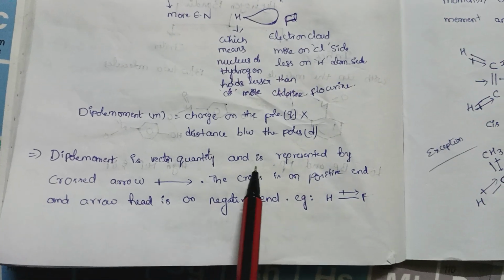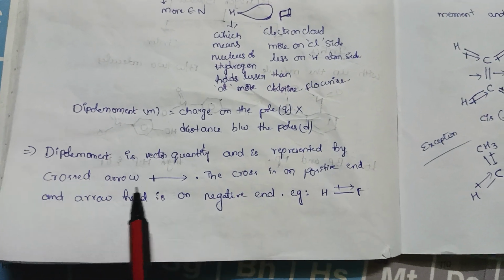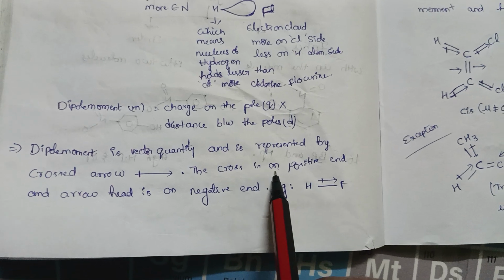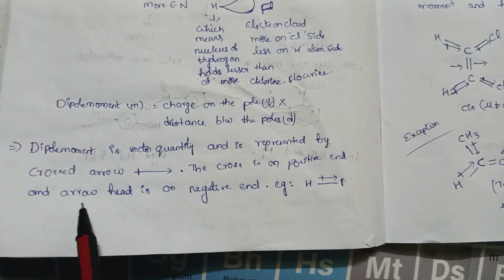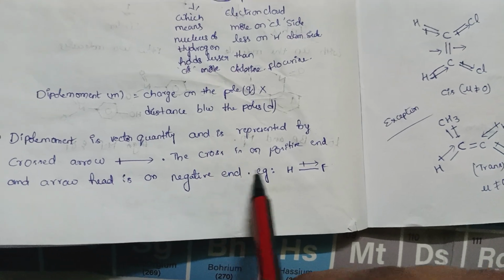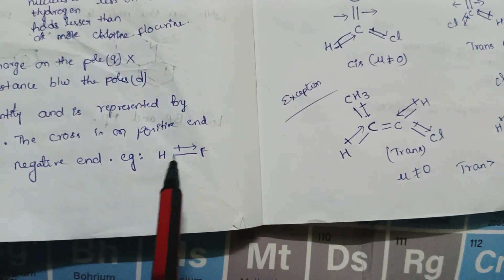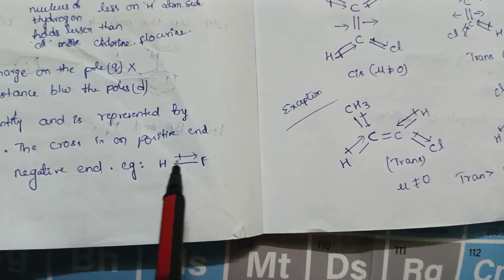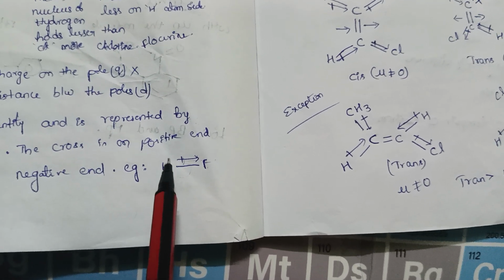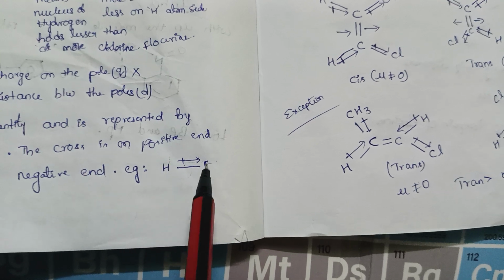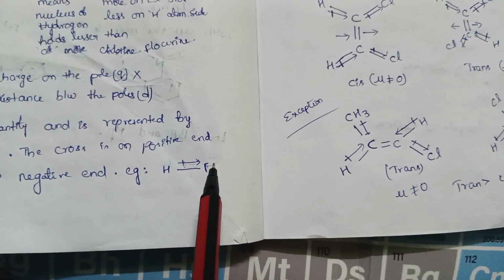Dipole moment is a vector quantity. It is represented by a crossed arrow. The cross is on the positive end, and the arrowhead is on the negative end. If we take the example of HF, this is the positive end and this is the negative end, because a partial positive charge appears on hydrogen and a partial negative charge appears on fluorine.